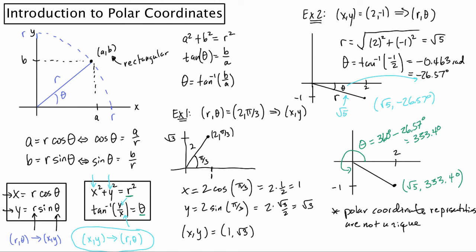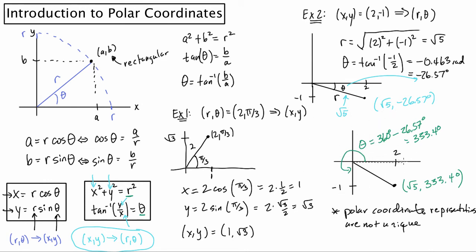So the only way that we can make this unique is if we agree to reporting coordinates in a very, very particular way. There's two possible methods. Let me describe what the two possible methods are. The first is I can think of rotating only from 0 to 2 pi.